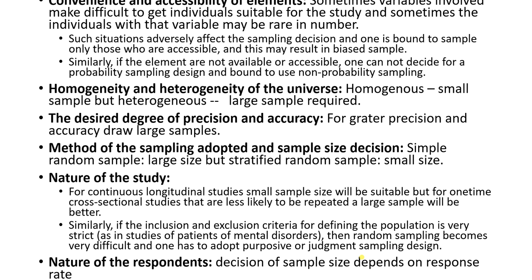Similarly, if we are having a large number of restrictions, that is inclusion and exclusion criteria for defining the population, then under that condition, selection using a random selection procedure becomes difficult, and then we go for judgmental or purposive sampling. And being a non-probability sampling technique, this judgmental or purposive sampling often leads to a biased sample and therefore less accurate results.